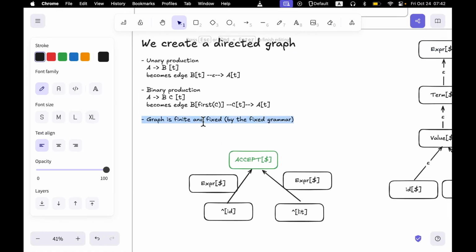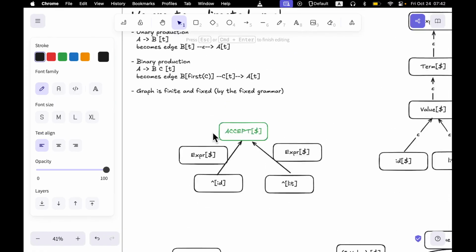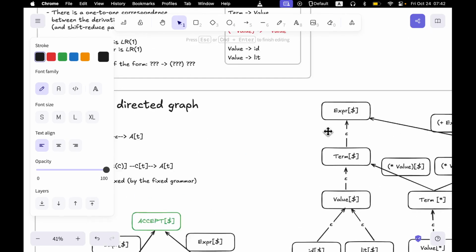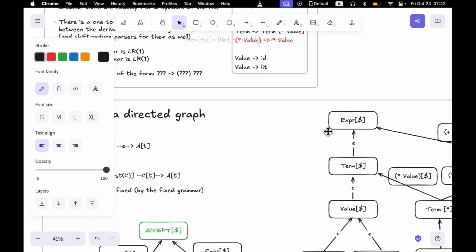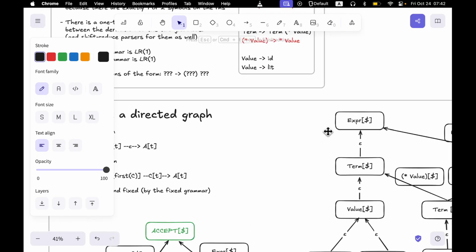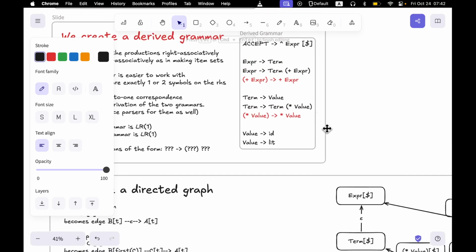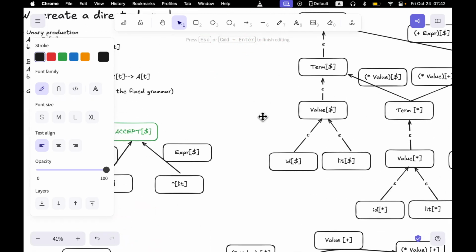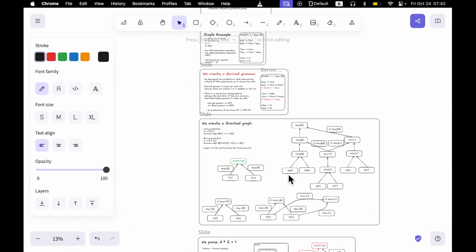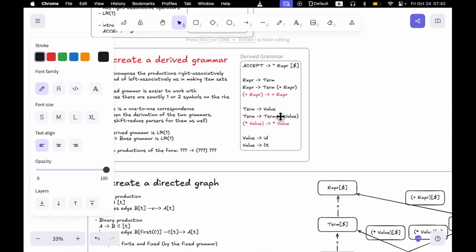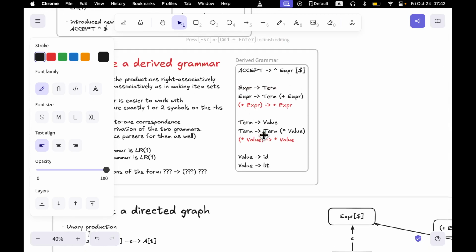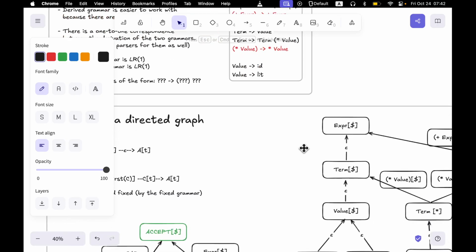Because the grammar is fixed, the graph is finite and fixed. I hope, given these examples, the viewer sees how this grammar and this graph represent the same thing. If you convert every rule that is achievable from this grammar into a graph, it becomes like this.